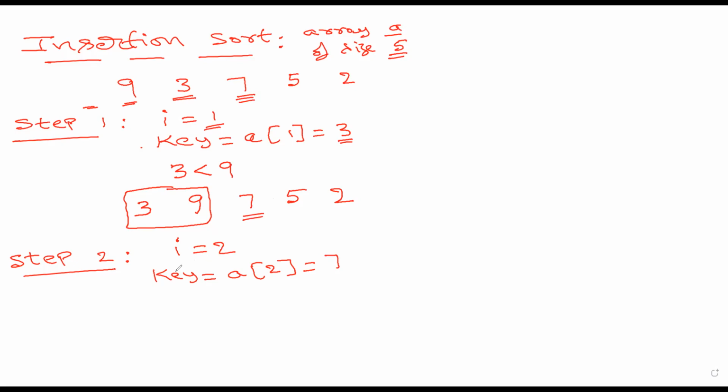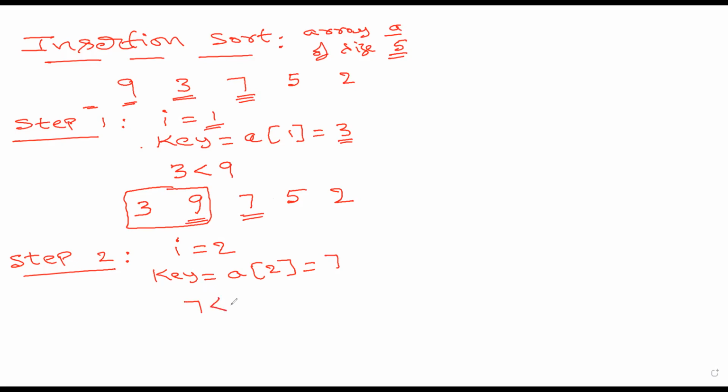So what we have to do? Same process. The position of 7 is 2. We have to compare that one with its previous elements. Now 7, its immediate previous element is 9. 7, we are comparing with 9.